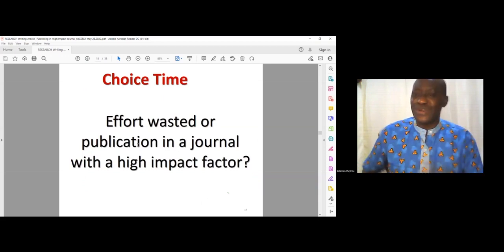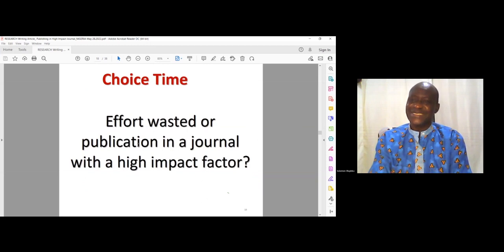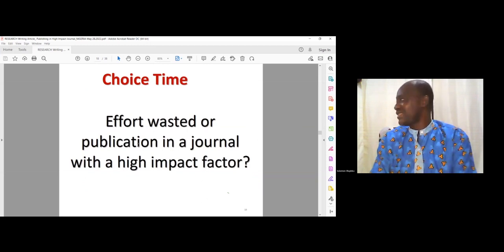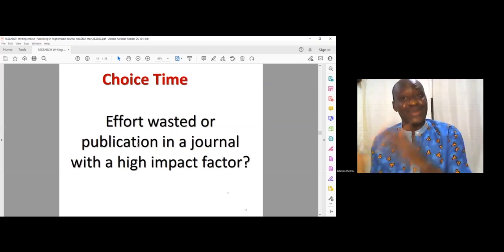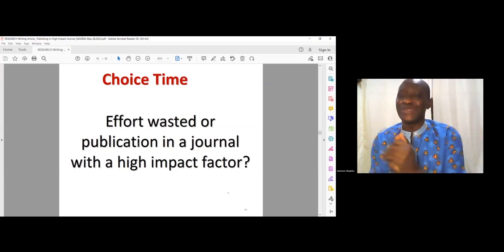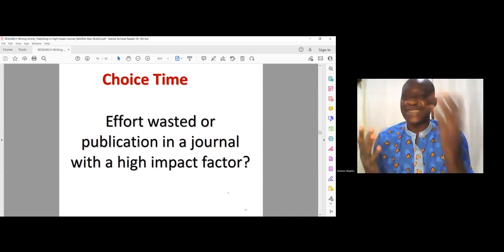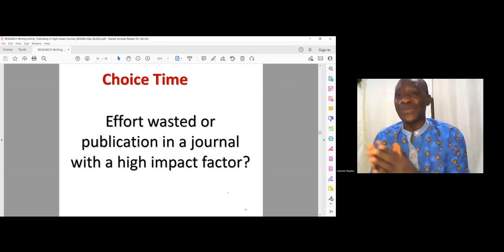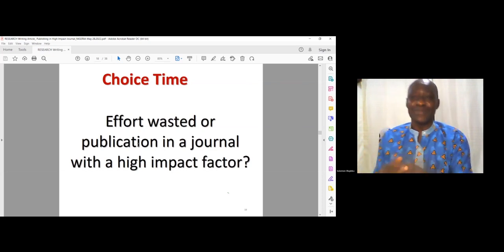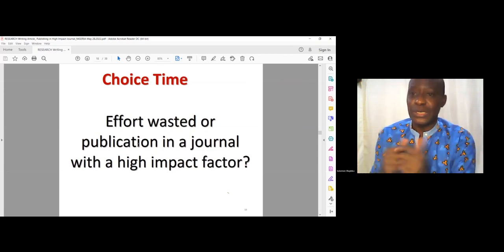I will make this one very fast. How do we publish? Because nowadays, you cannot graduate without publication. During our time, you could not get a scholarship without Scopus publication. That was the rule for us. And Nigerians, you know now, once they say you publish Scopus, then you will get the scholarship.